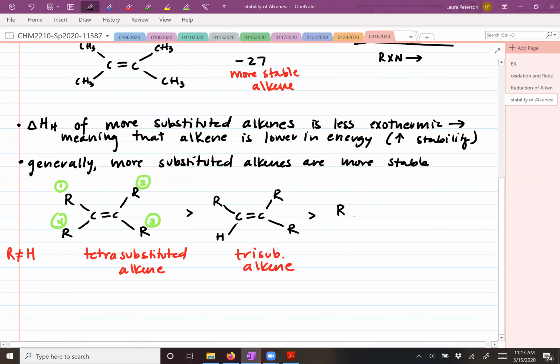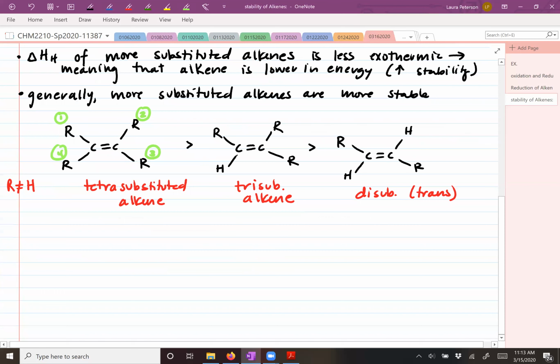One of them would be if the two R groups, the two carbon-based substituents, are on different carbons and they're trans to each other. So we'll call this di-substituted, and then we can just say trans in parentheses to indicate that the two R groups are trans to one another.